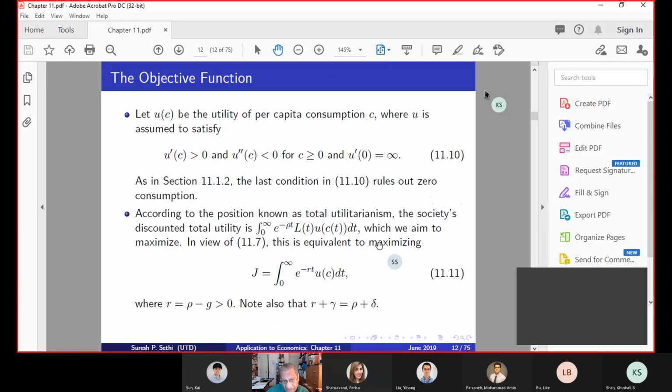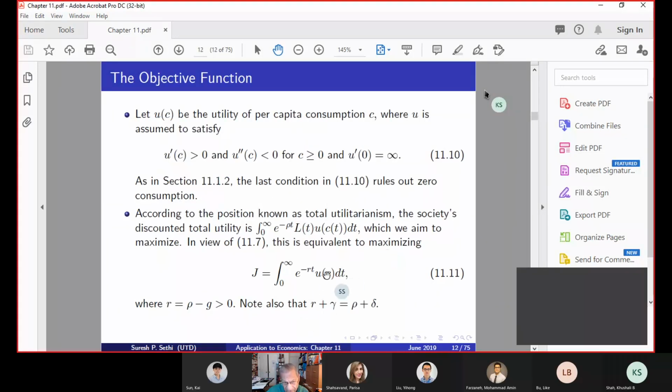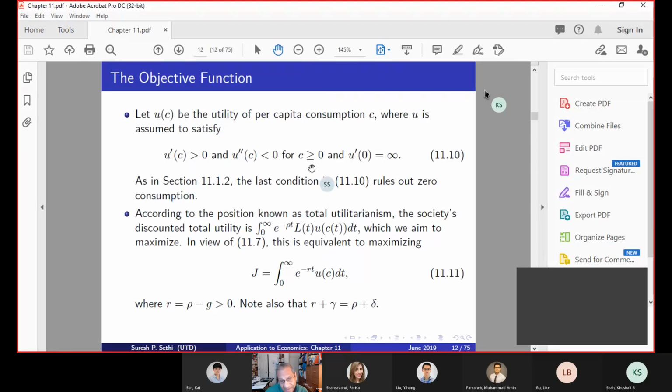So now notice what happens. My model is maximize this subject to this. But mathematically, it is the same model as the previous model. Because in the previous model, I also had some rho here instead of R. So I've changed rho to R. So this is one change.